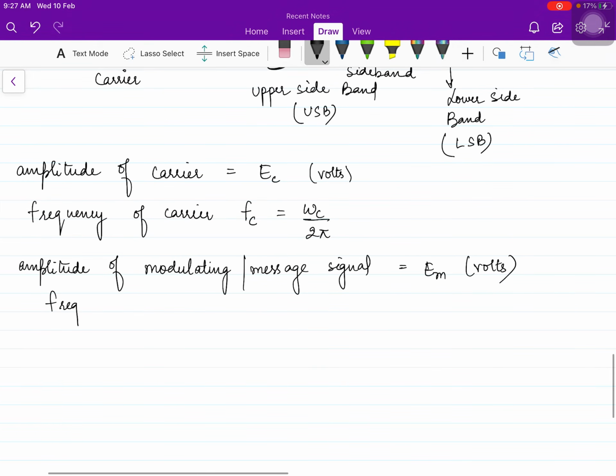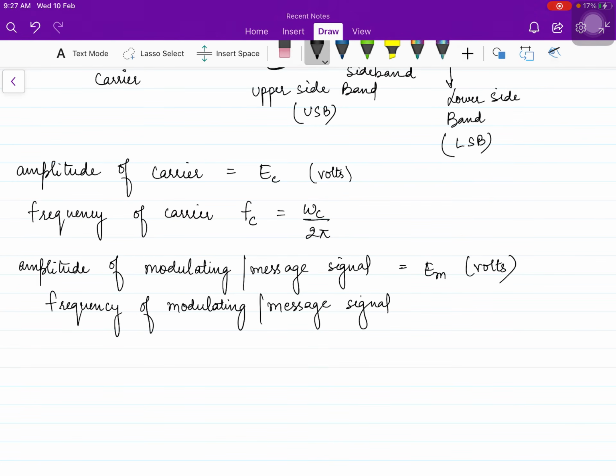And if I talk about the frequency of the modulating or message signal, it will be denoted by Fm and it will be ωm/2π.